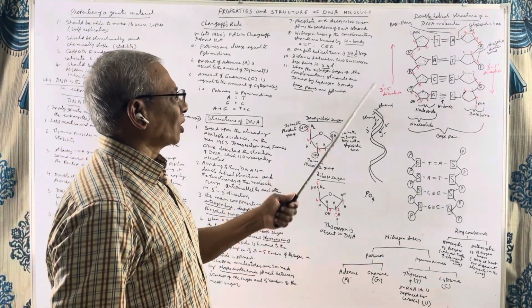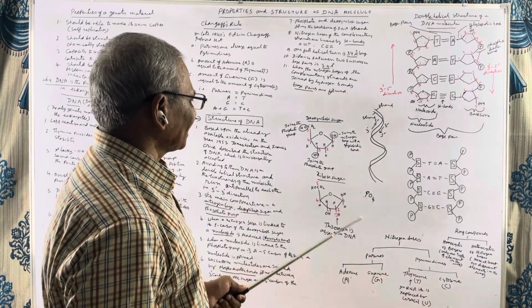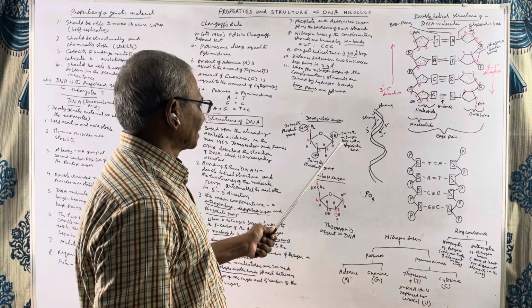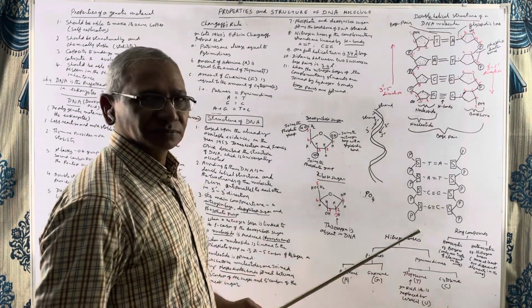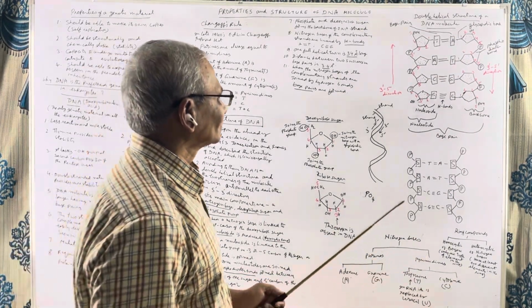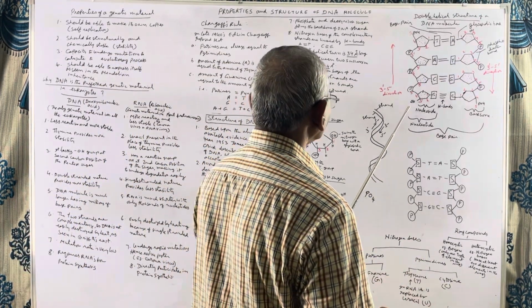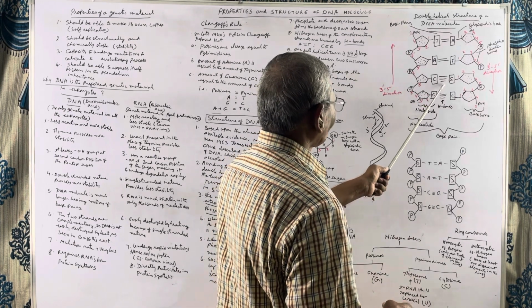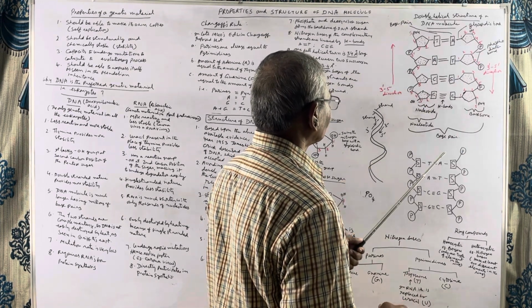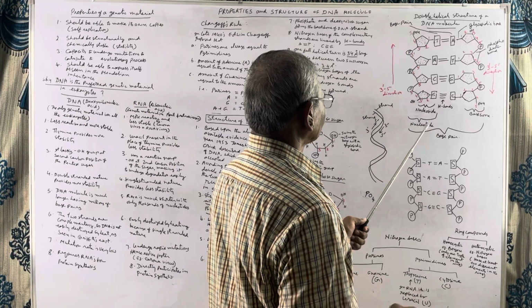So glycosidic bond is formed between the nitrogen base and the first carbon of the deoxyribose sugar. Then, these are the hydrogen bonds formed between two nitrogen bases, two complementary nitrogen bases.